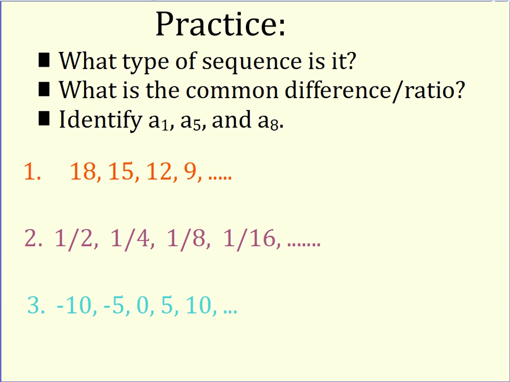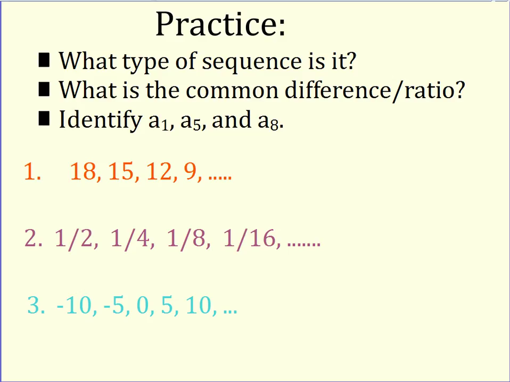So let's do just a little bit of practice before we end today. Let's take a look at this very first sequence. Can you tell what type of sequence it is? This one's a little bit confusing if you haven't seen this type of sequence before. It looks like we're subtracting 3 each time.